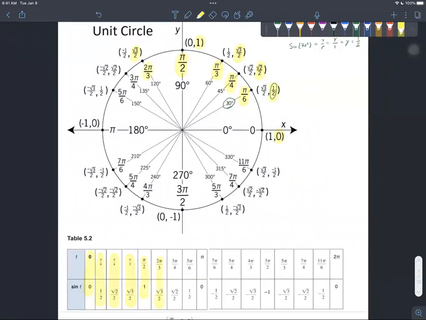Then again, it goes back to the square root of 2 over 2 when the angle is 3 pi over 4 radians. Then back to 1/2 again. And then the sine becomes 0 at pi radians. And so if you continue to go around this unit circle, we can create this table for what we call one period of sine.